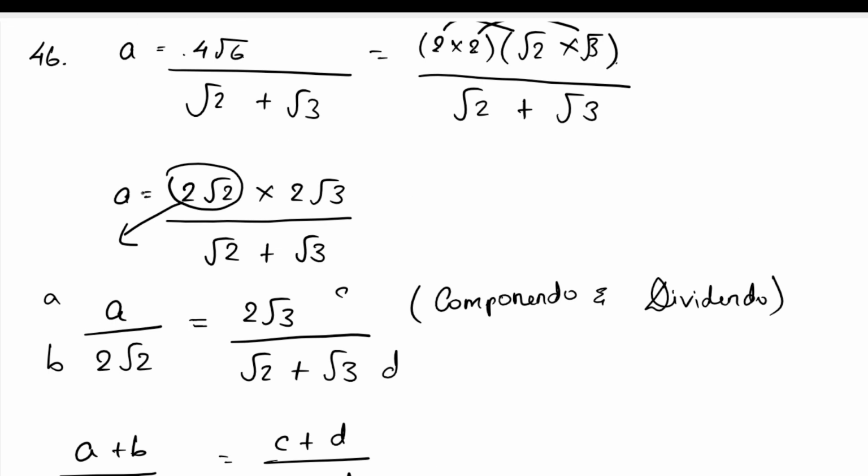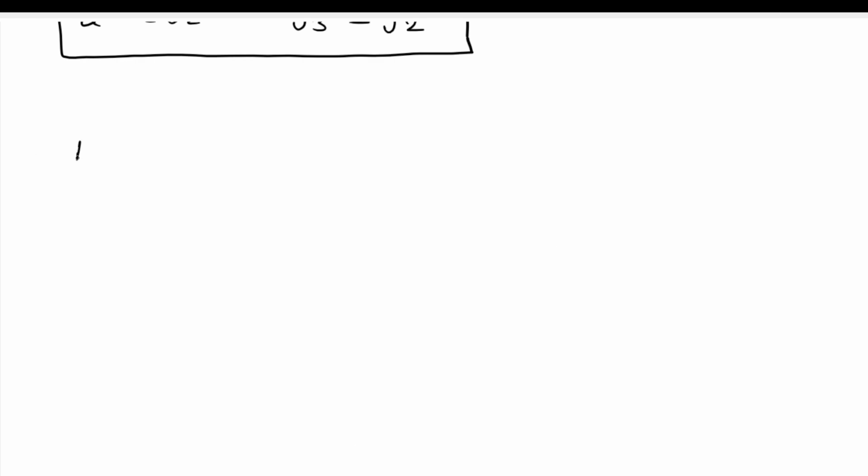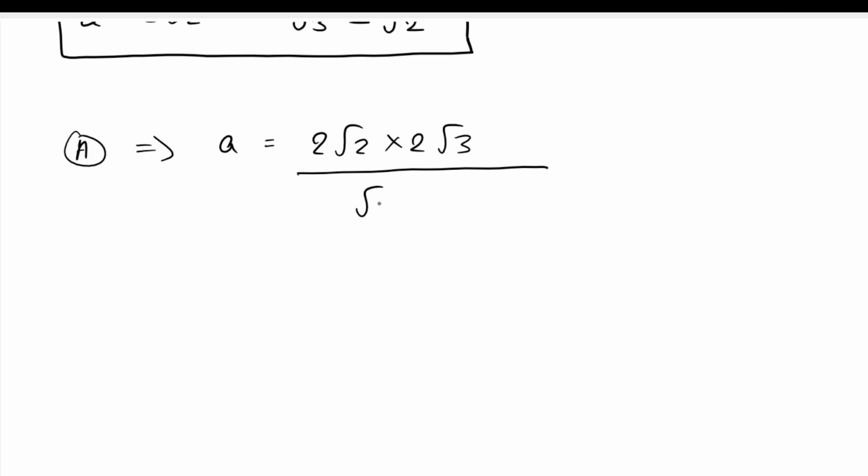Now here we saw A is equal to 2 root 2 into 2 root 3 divided by 2 root 2 plus 2 root 3. Let's take this as equation A. So what was equation A? A is equal to 2 root 2 into 2 root 3 divided by root 2 plus root 3.